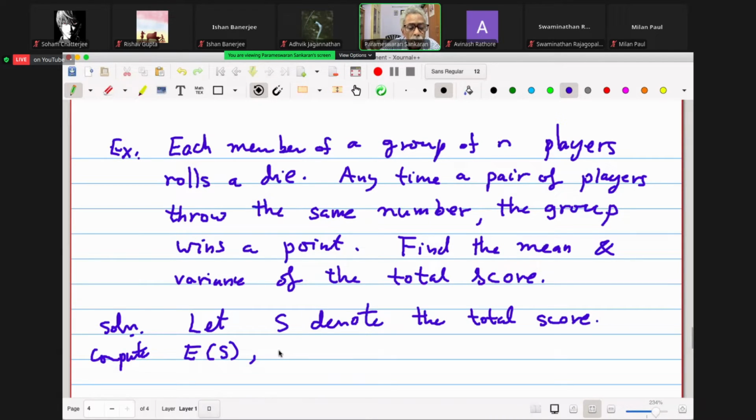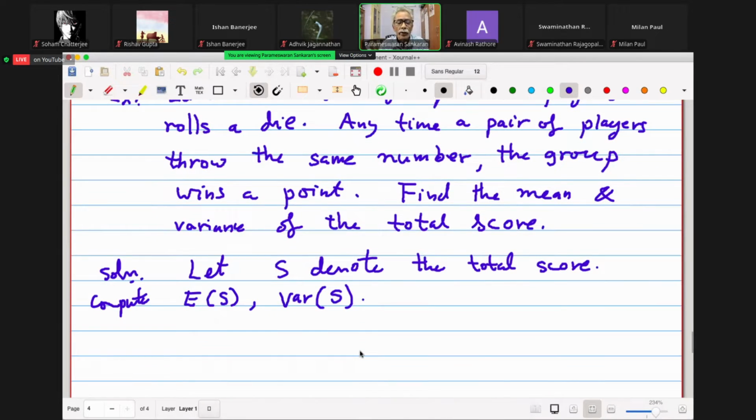So we want to compute the mean and variance. By the way, square root of variance is called standard deviation. I may have said that before, but at the moment, these are the things that are required to be computed. Now, you need to be able to write S as a sum of the scores contributed by each pair of players.